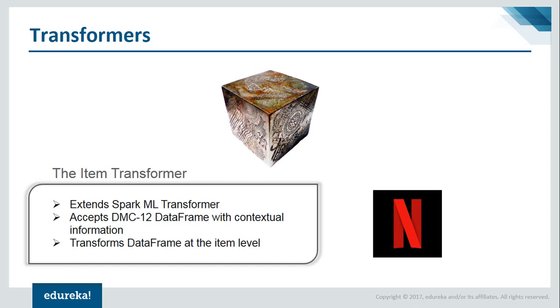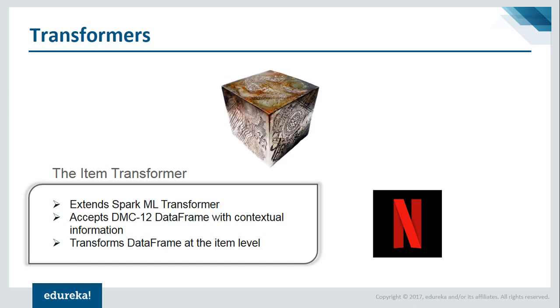DMC12 is a DeLorean, a kind of data format. And data frame, you already know what that is. It is a data set organized into named columns, like a table in a relational database, and very similar to a data frame that you use in Python. It transforms data frames at an item level, so that is why your recommendations are more precise.